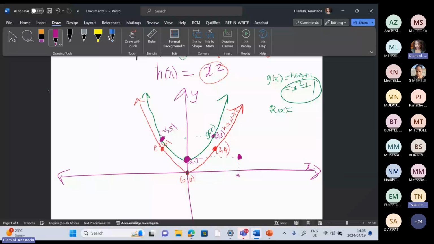Now we're shifting 3 units to the right, so this 0, 1 becomes 3, 1. The x value is the one changing. What does this point become? 1 and 5.